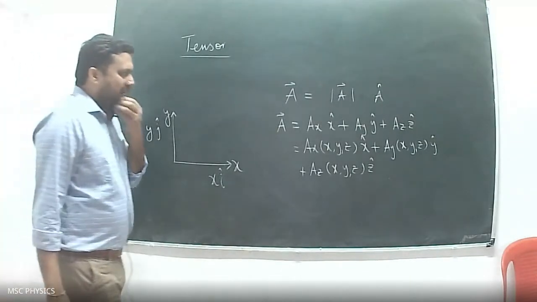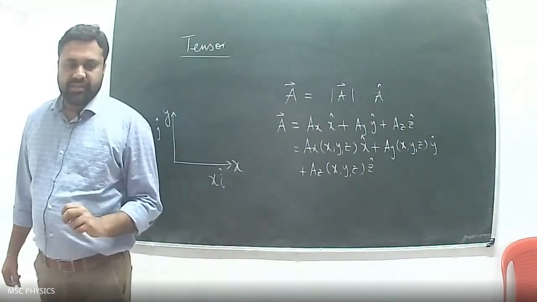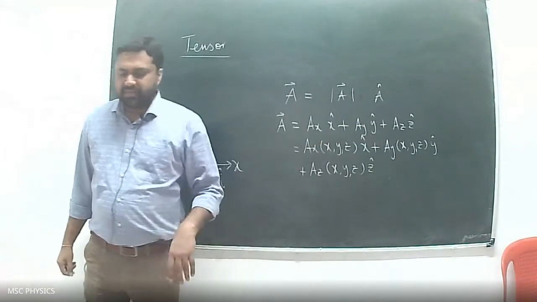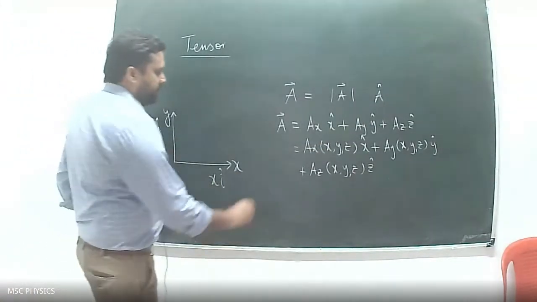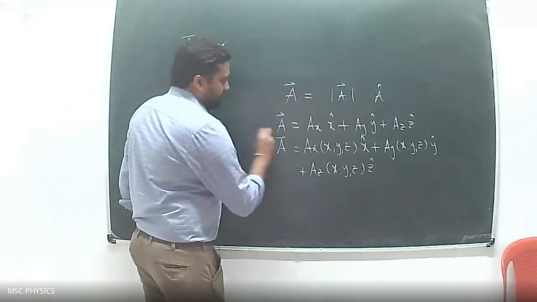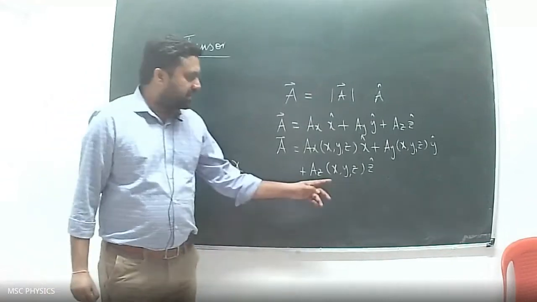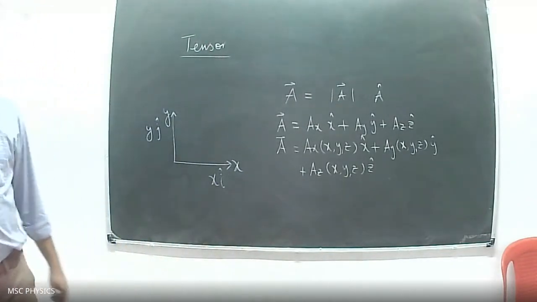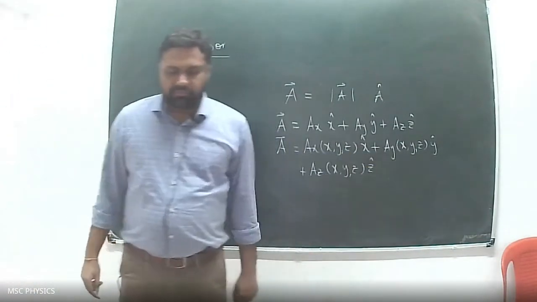This is true when a_x, a_y, a_z are coefficients, they are numbers, and this is true when they are variables, expressed in terms of x, y, z. So this is a vector. This is how a vector should look. If you talk about 2D only, then you will definitely not have this component, and obviously the z dependence will not be there.